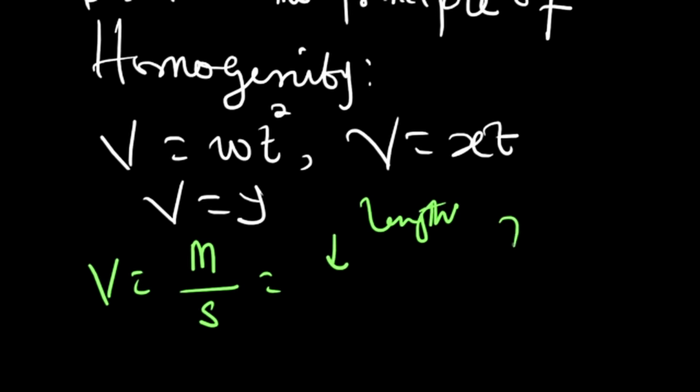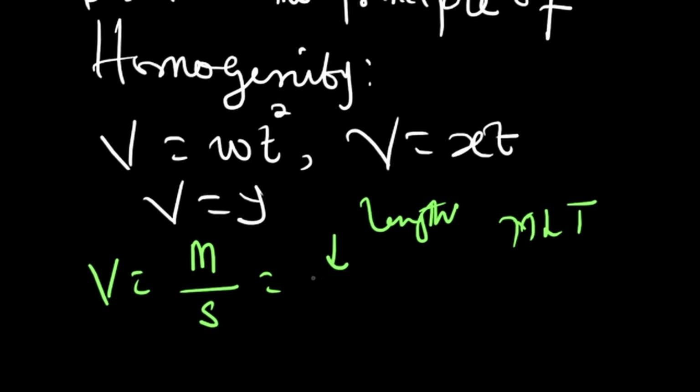We got this from the first three fundamental quantities, which are mass, length, and time. So the M represents the dimension for mass, the L represents the dimension for length, and the T represents the dimension for time. There are 7 fundamental physical quantities, but we use mostly the first 3 for dimensioning.